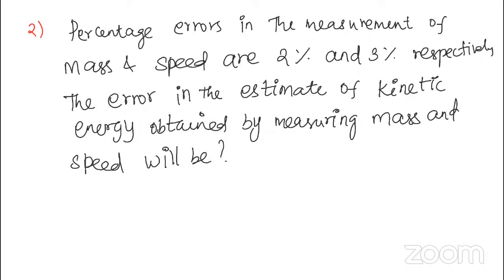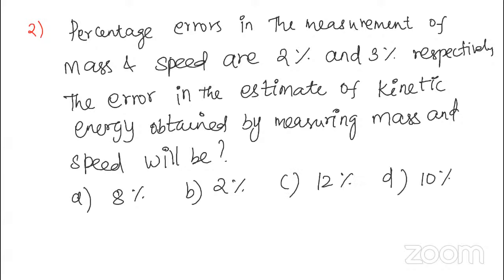Okay. So here they have given the options, that is A is equal to 8%, B is equal to 2%, C is equal to 12%, and D is equal to 10%.